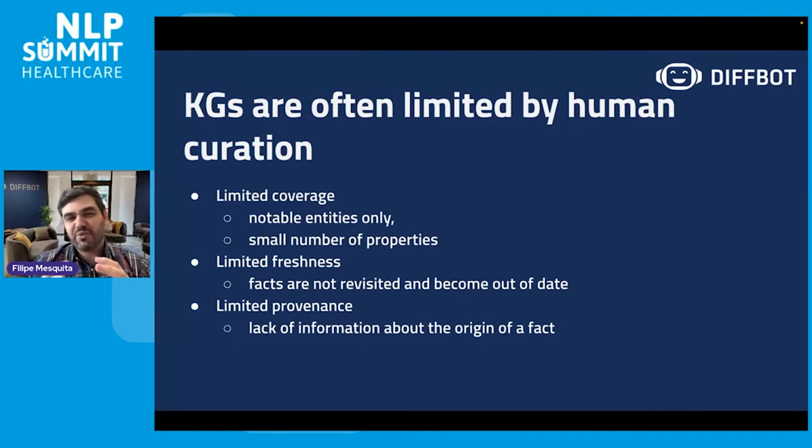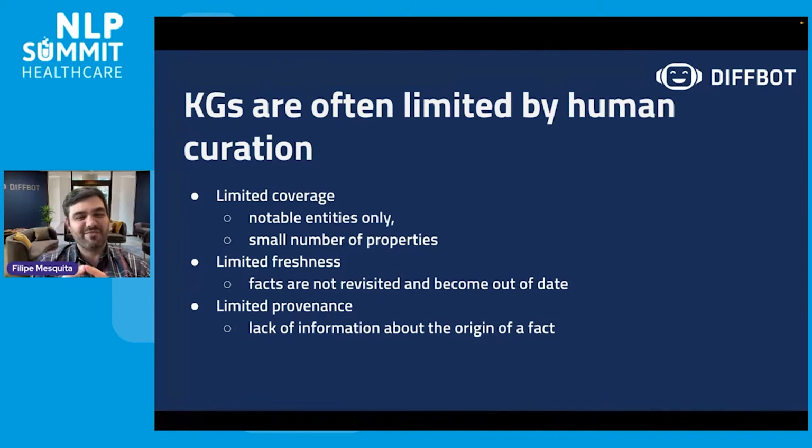And there are some problems with doing this with humans, right? You have limited coverage on what you can represent. There's only so much human resources you have to add entities and relationships. Another problem is you have limited freshness. You're not always looking to see if the fact or relationship that you've added has changed. Maybe it's outdated.